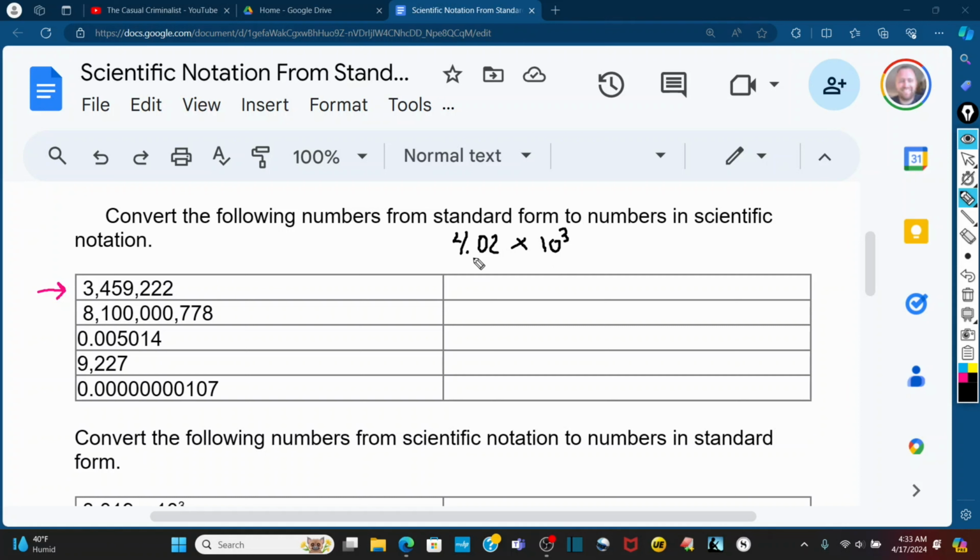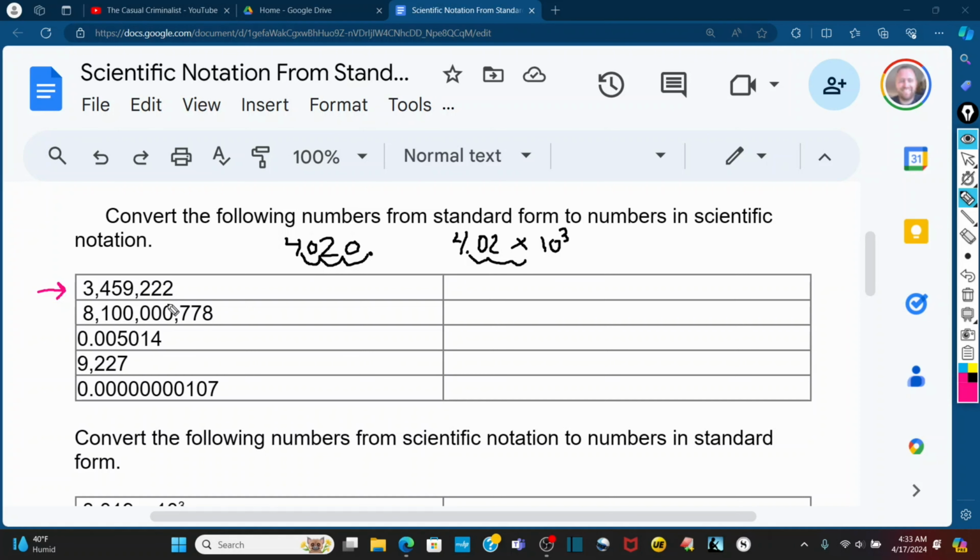That number we would have started, if I'd moved this over 3, so we would have started with a number like this, where the decimal point was here. We would have moved the decimal point over till we only have one number left of the decimal point that's not 0 on the left-hand side and all the other numbers on the right. And then we'll count these number of places here, and we'll use that as our power of 10.